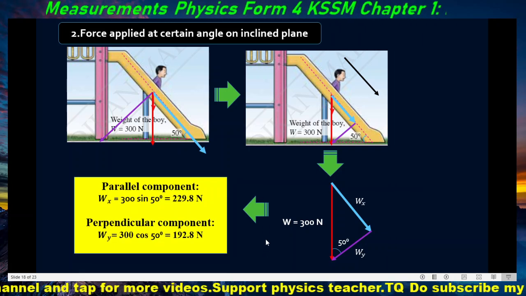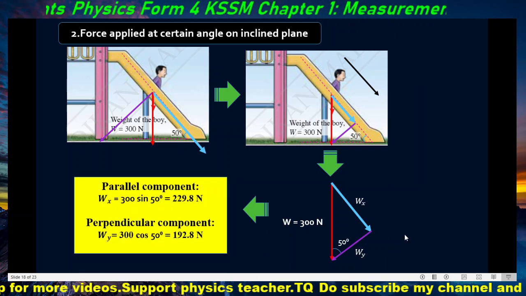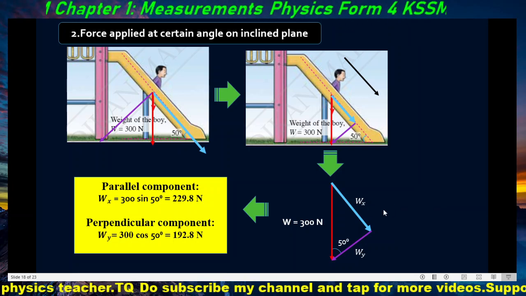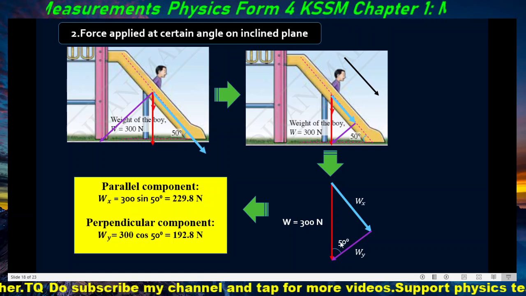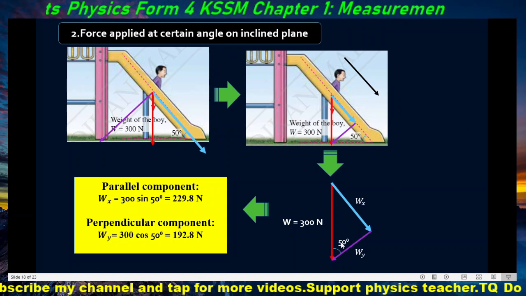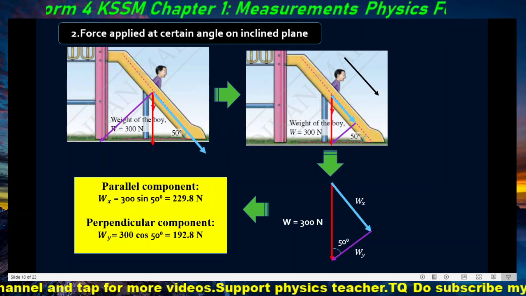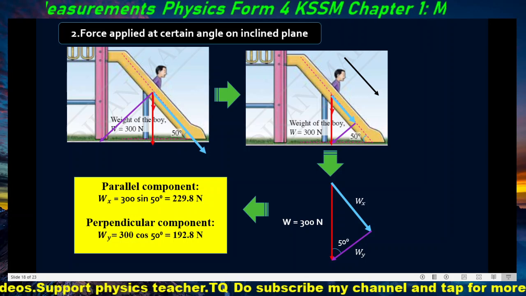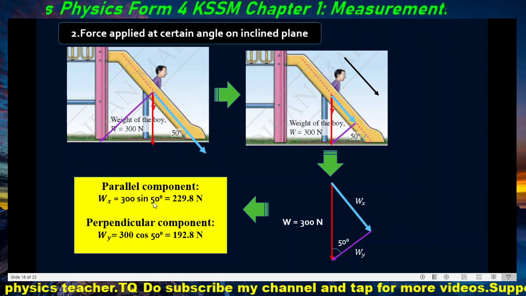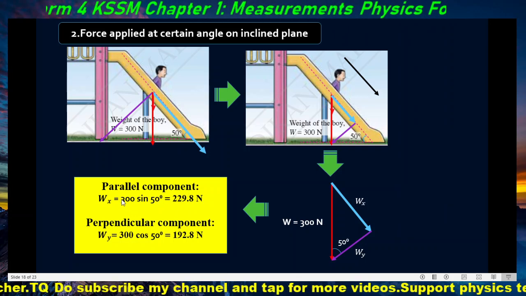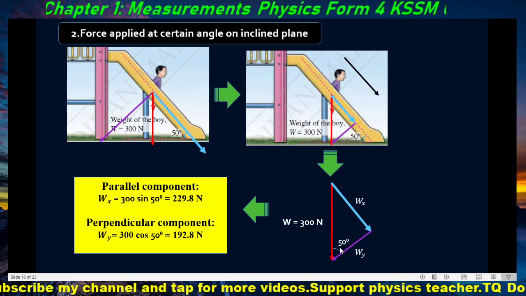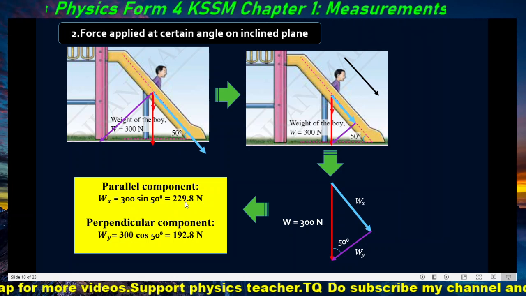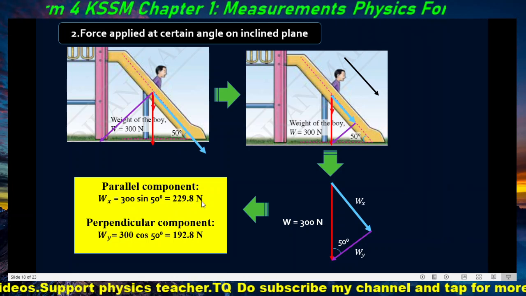We apply the same concept of trigonometry, sine theta and cos theta. If you use the formula of sine 50, you will get Wx divided by W. Thus, we get Wx equals W sine theta. You substitute the values of W and the angle, you get 300 sine 50 equals 229.8 Newton.